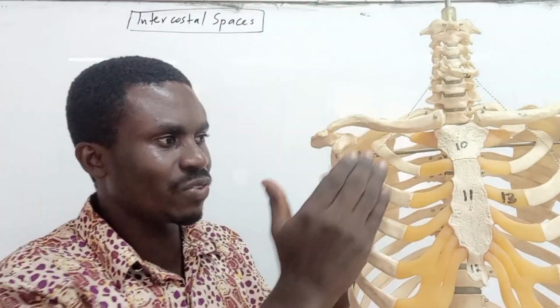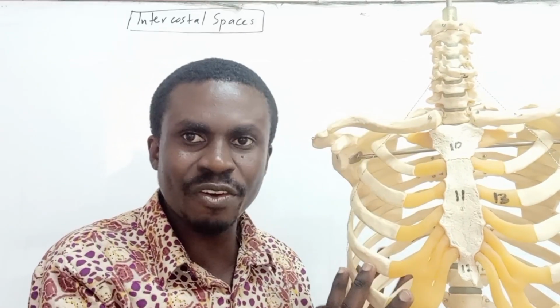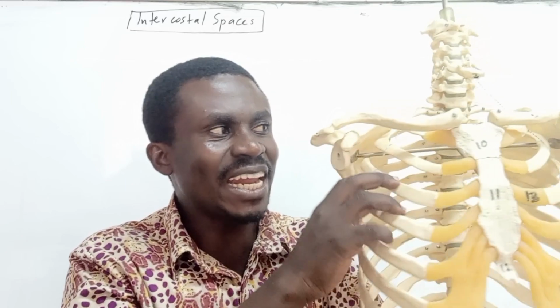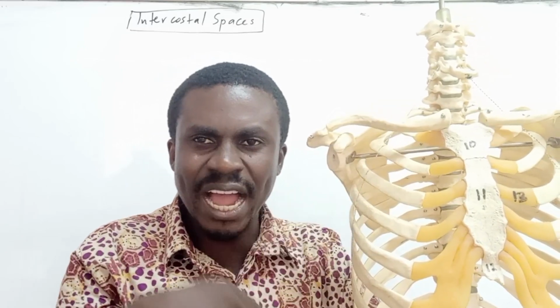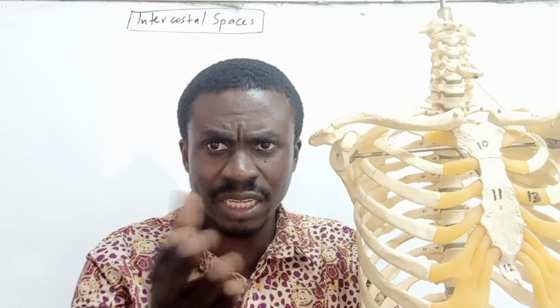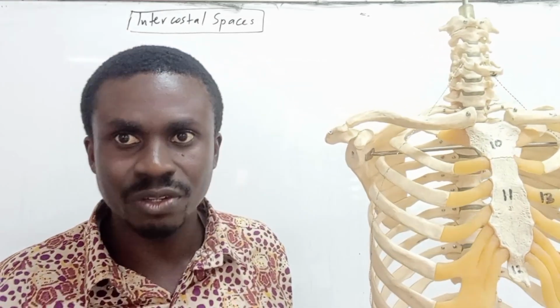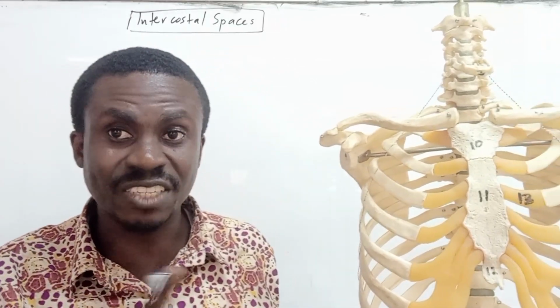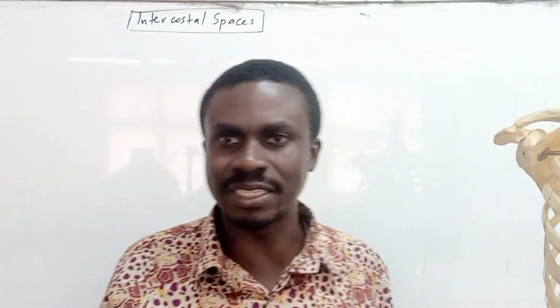So if I just focus on one side of the body, I'm going to have 12 ribs, and in between the ribs there will be a space, that's the intercostal space. So how many intercostal spaces are we going to have? Do the mathematics. I'm sure you come out that we will have 11 intercostal spaces. 11 intercostal spaces. That's what we are going to see.